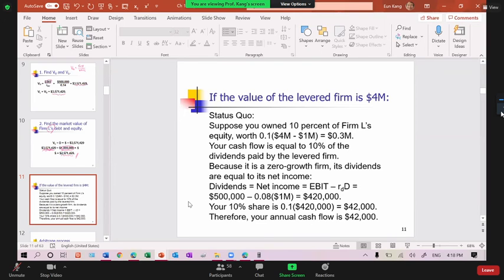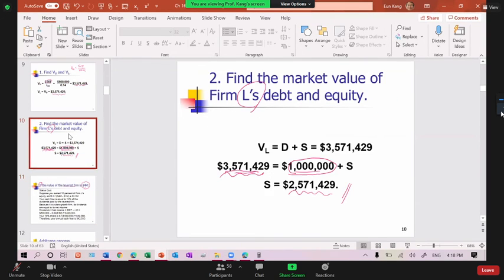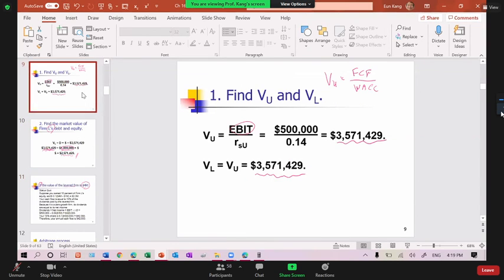To prove that, you first say that if the value of the levered firm is 4 million, let's say, while they say the value of the levered company is the same as the value of the unlevered company, 3.57 million, right?